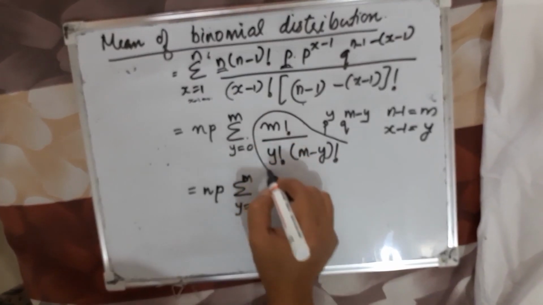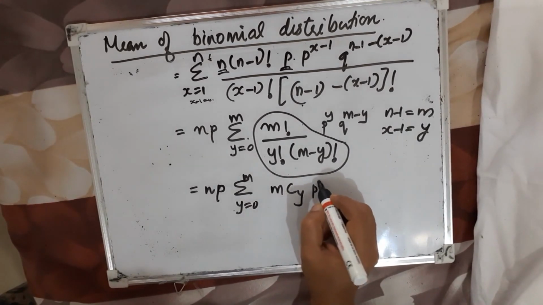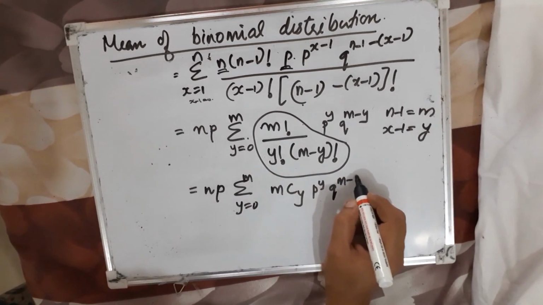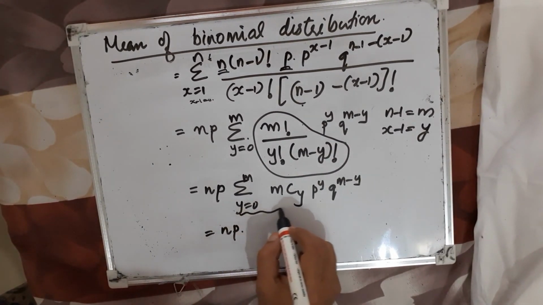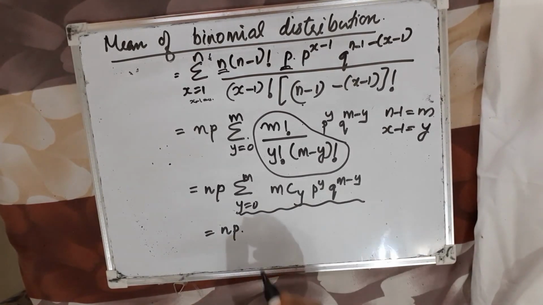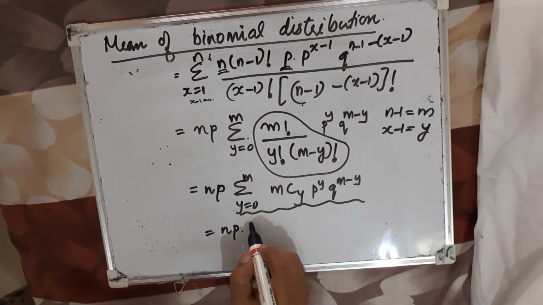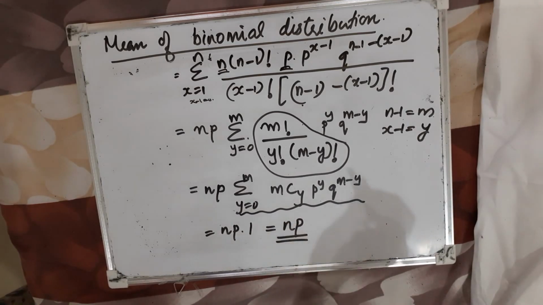This term can be written as mCy p^y q^(m-y). It's equal to np into the binomial distribution. The total of the binomial distribution sigma is 1. Therefore, its mean is n into p.